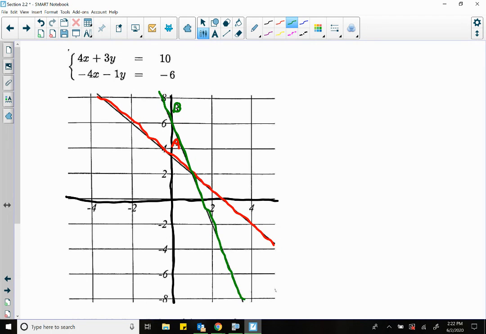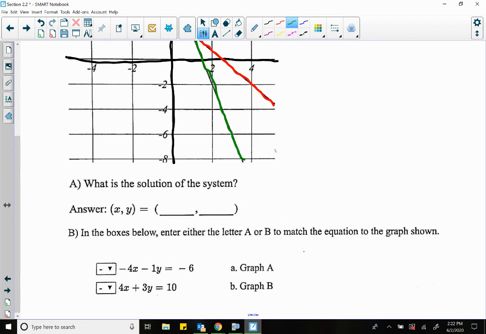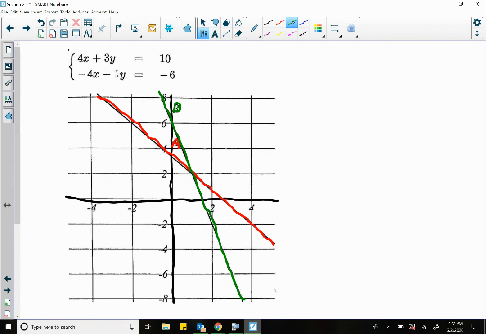So what they have done is they have graphed this, and the first question they're going to want to know is, what's the answer? If we come up here and look at this, here's where they intersect each other. They want to know, what is that answer? Remember, we're counting by twos. So this dot is halfway. What's halfway between 0 and 2? 1.